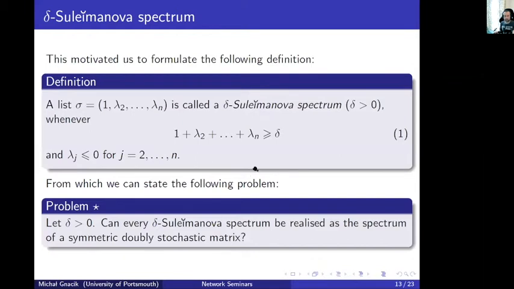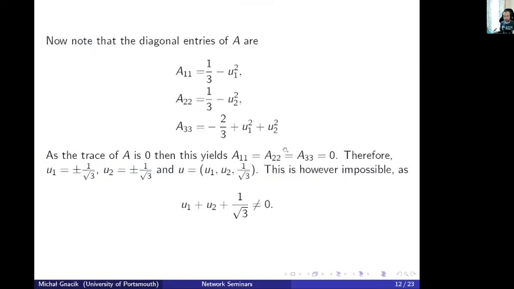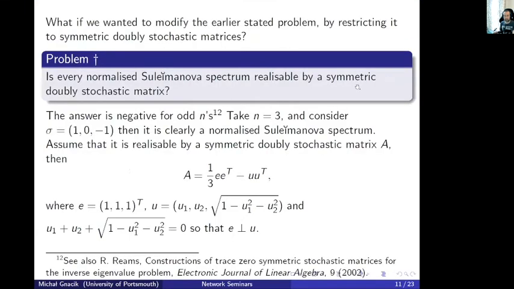Because we know now that the problem was 0 here, right? The problem was that whenever our list was equal to 0, we couldn't have the positive answer to this particular problem.